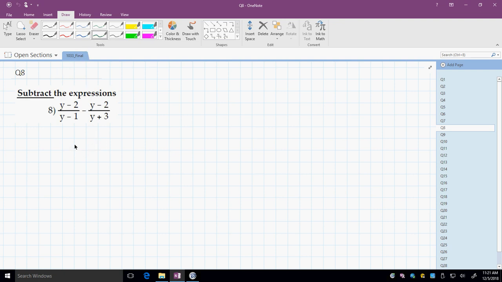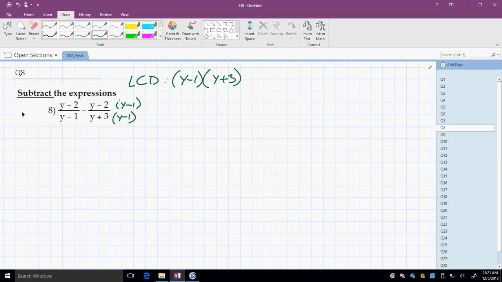So here, in order for me to combine them, I have to find my least common denominator, which in this case is going to be y minus 1 and y plus 3. So I'm going to multiply the right side, top and bottom, by y minus 1.